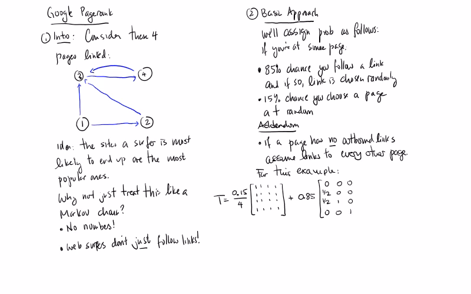And if you're on page 4, you would only go to 3. So, just to clarify, this right here is taking care of this fact right here. And this other one is saying there's an 85% chance that you follow a link, and if you do so randomly.